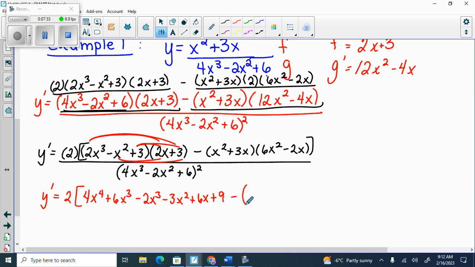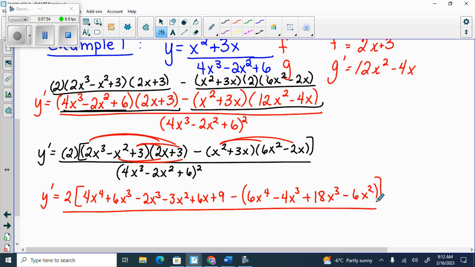So I'm going to get 6x to the 4, minus 4x cubed, plus 18x cubed, minus 6x squared, all over. Is it 2x cubed? I don't know.